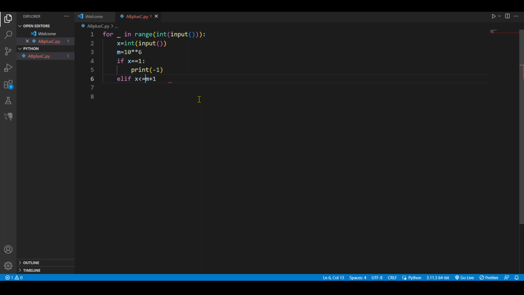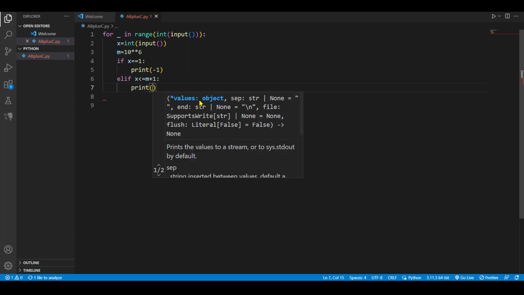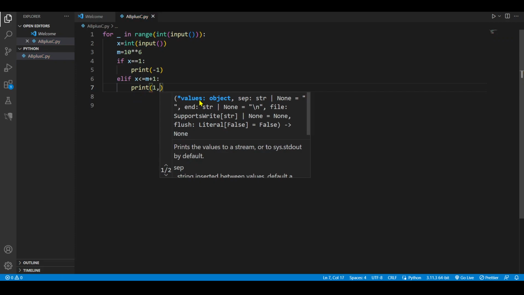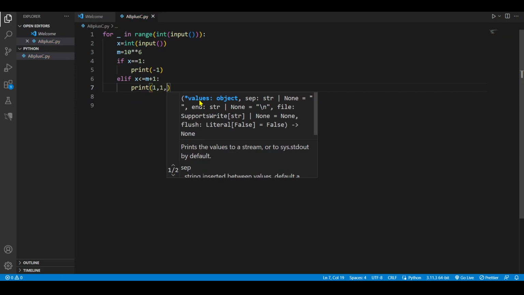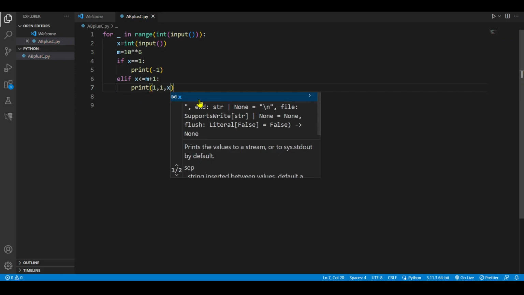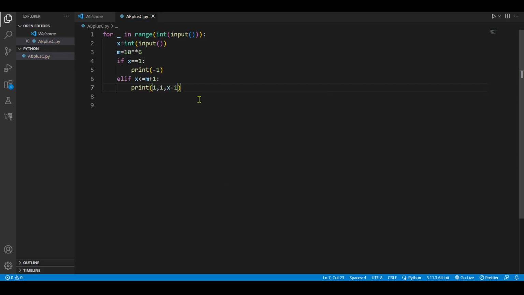When x is lesser than or equals to 10 to the power 6 plus 1, in this case, I will print a as 1, as I have discussed, and b as 1, and c as x minus 1, because multiplication is 1, and c will be the rest of the value from the x, that is, I have taken here 1, so x minus 1 will be c.